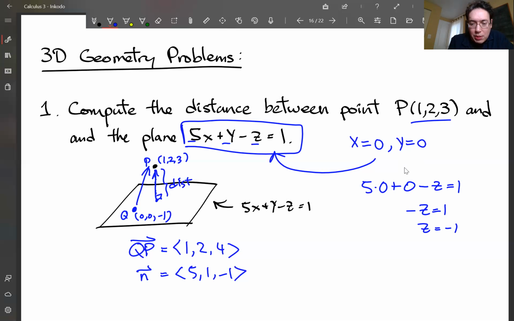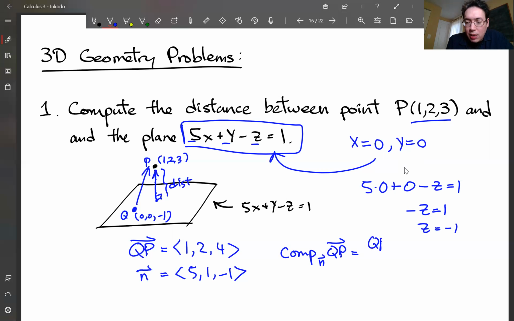So what I want to do is compute the component of QP onto vector n. I just care about the distance, so I don't need the vector. I just need the component in that direction.